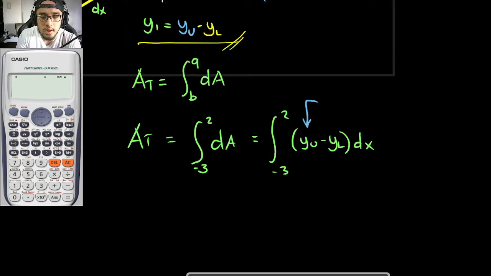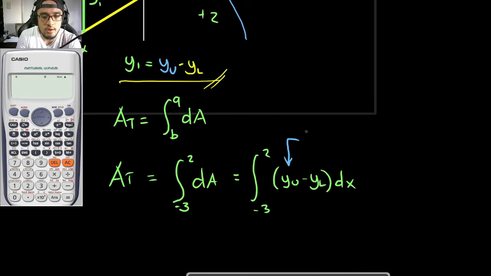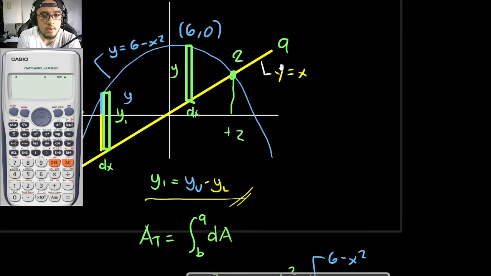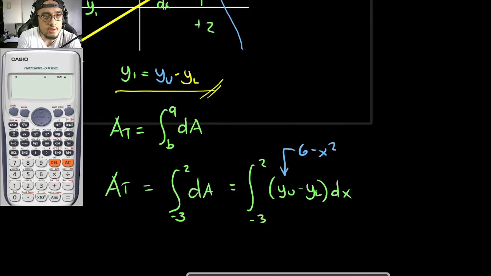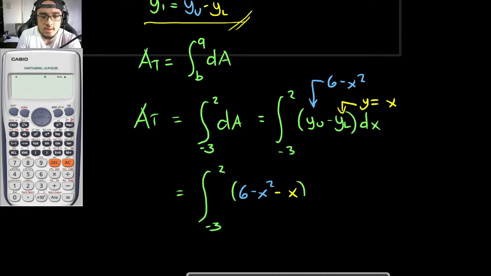This y upper right here is 6 minus x squared. And as for our y lower, that is this value right here, y is equal to x. So getting the answer here, this is now equal to the integral of 6 minus x squared minus x, of course, times dx.